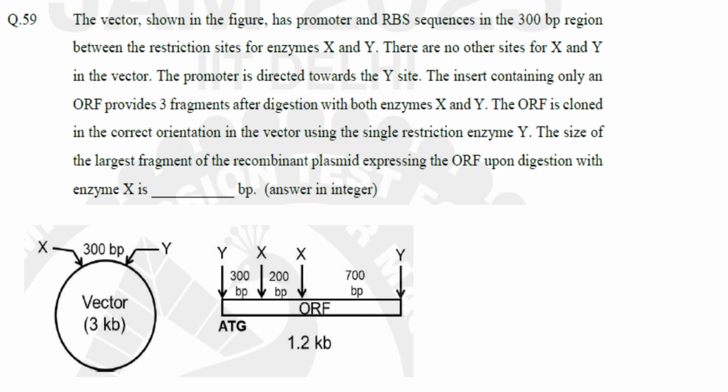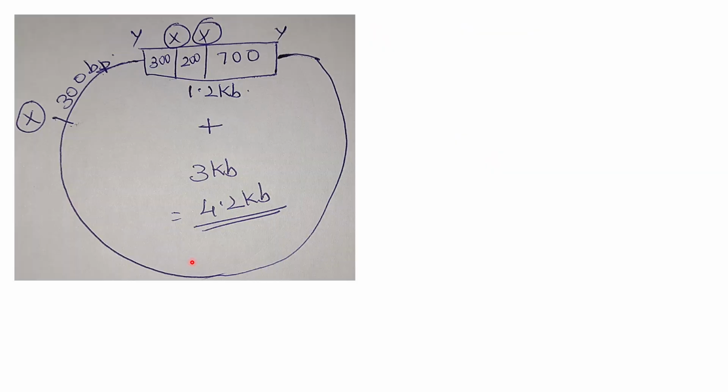Okay, now see, I have drawn the whole thing over here. This is the vector which was 3 kb earlier, and you inserted the 1.2 kb region in this vector. This is the one having the ATG. This is your promoter RBS site, facing the Y site, so it will be in this orientation.